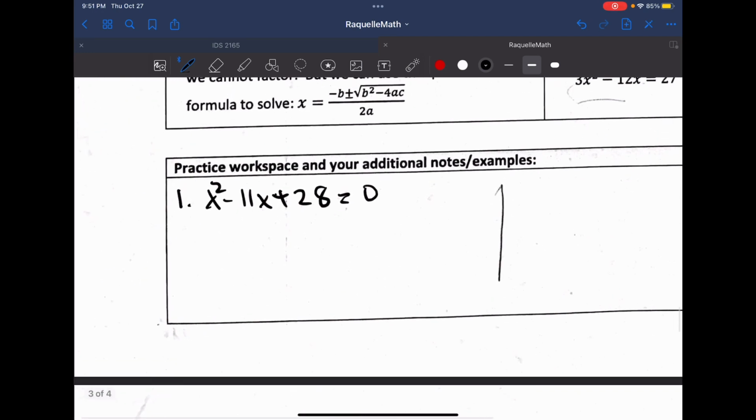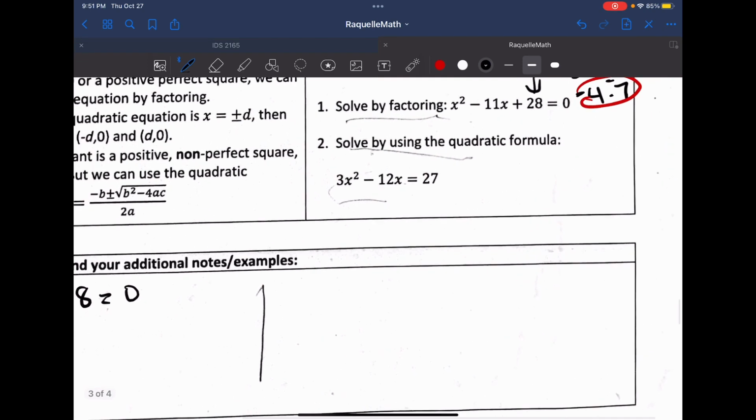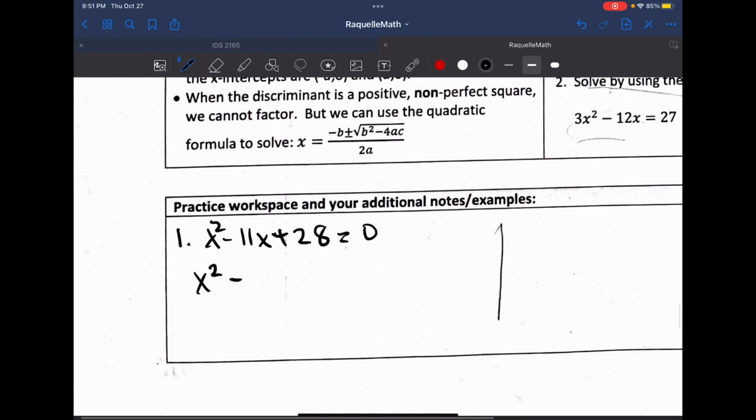So we can rewrite this as x squared minus 4x minus 7x plus 28. Basically, we made it so this formula is expanded, where this is negative 4x and minus 7x.